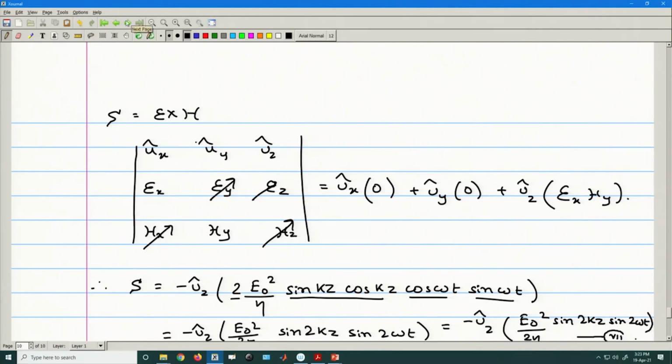Now we will calculate the velocity of propagation of energy. Okay.